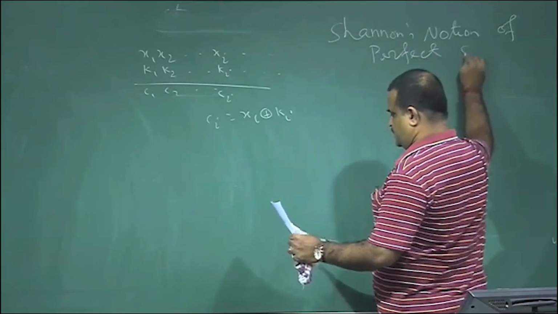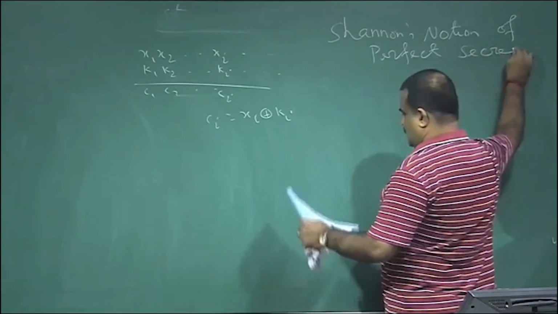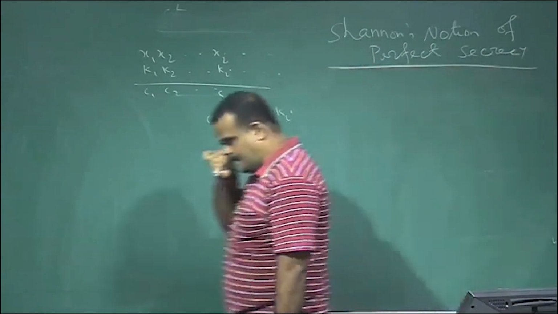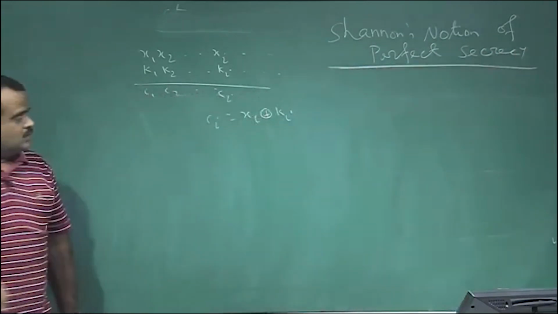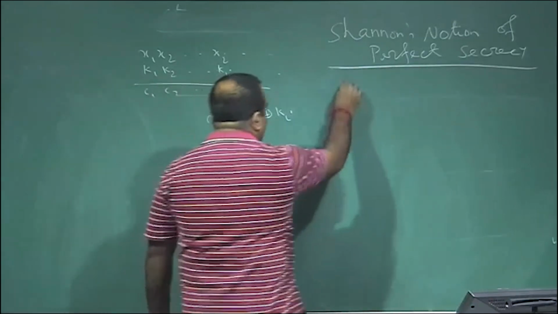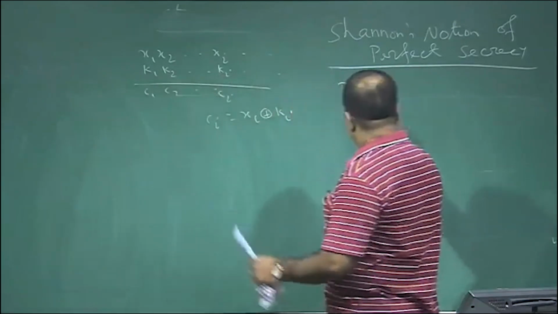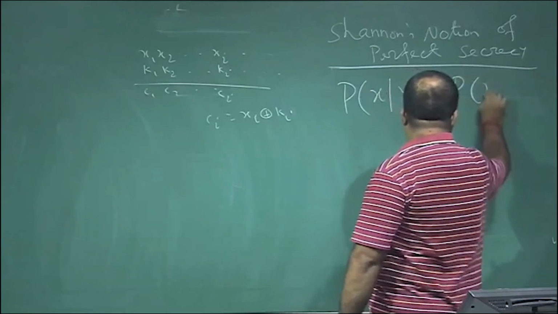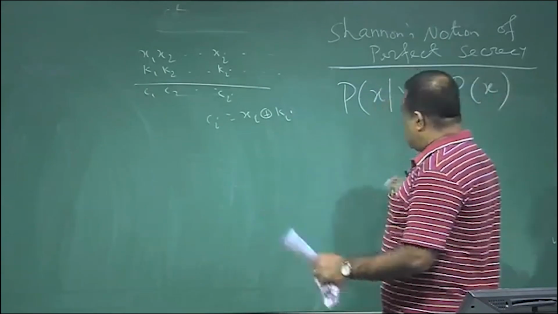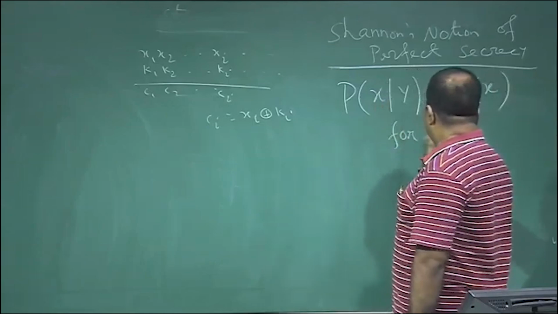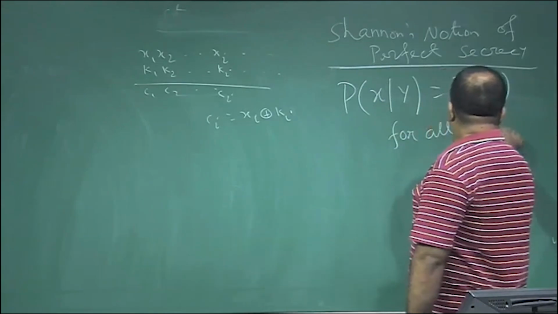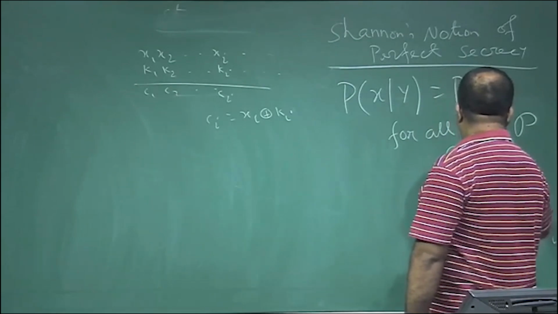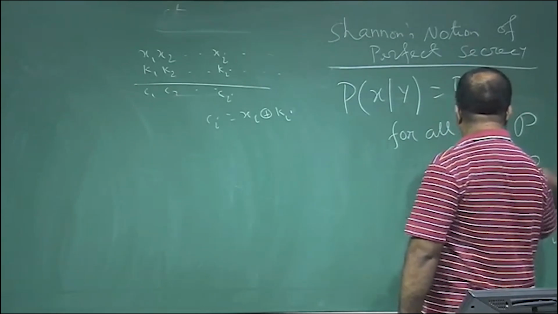Shannon's notion says that the probability of plain text given the ciphertext is the same as the probability of the plain text, and this is true for all plain texts and all ciphertexts.